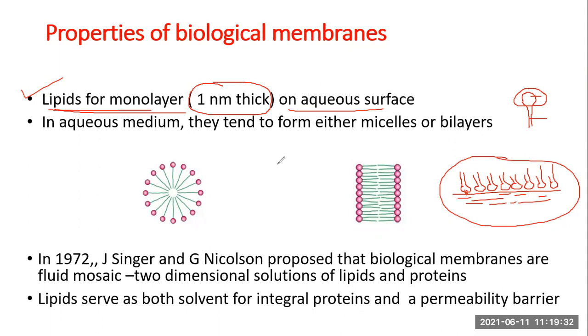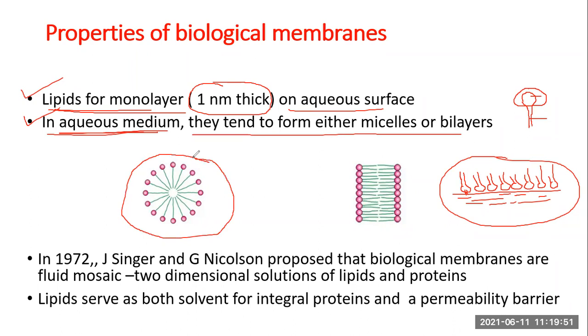Because oil has a tendency to form a 1 nanometer thick monolayer. When you try to mix lipids in aqueous medium, they tend to form either micelles or a bilayer. Either they will form a micelle.